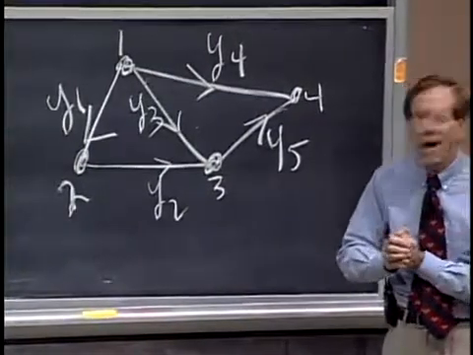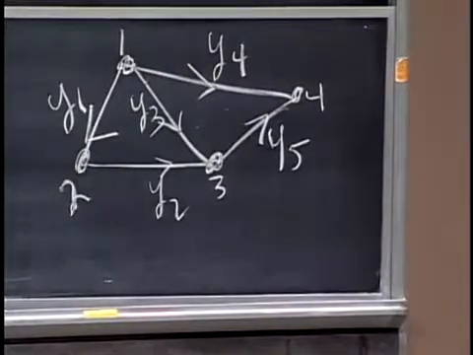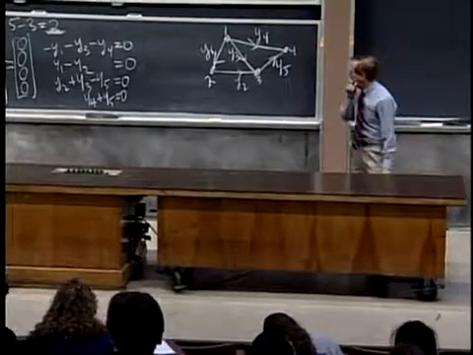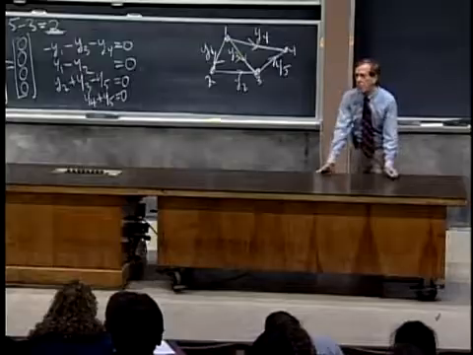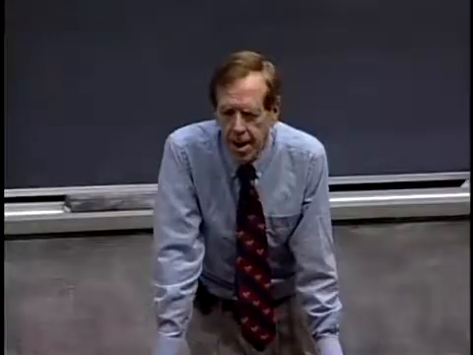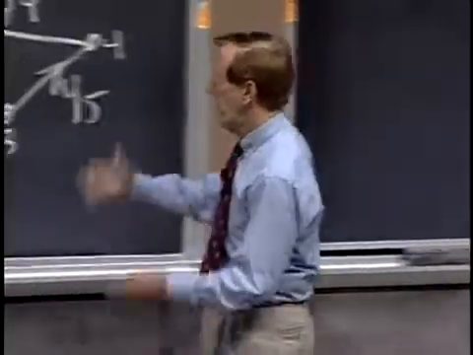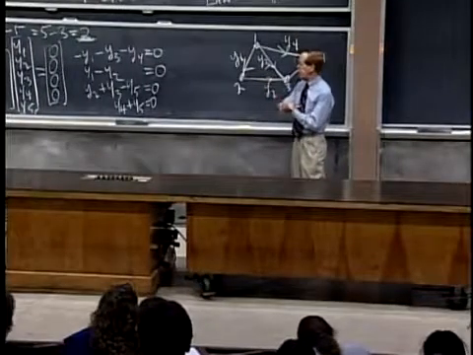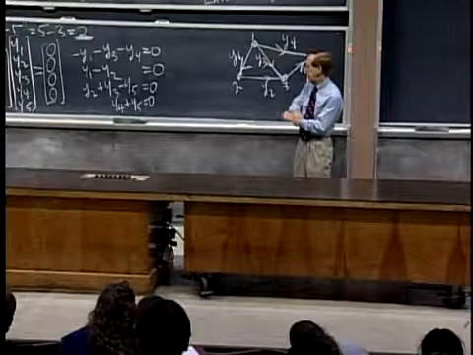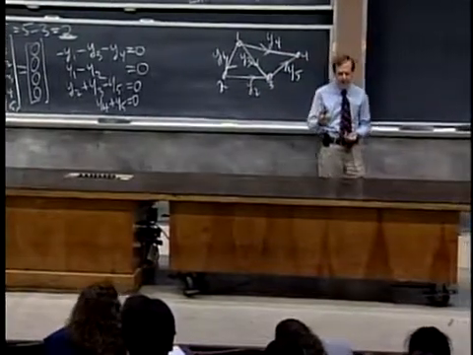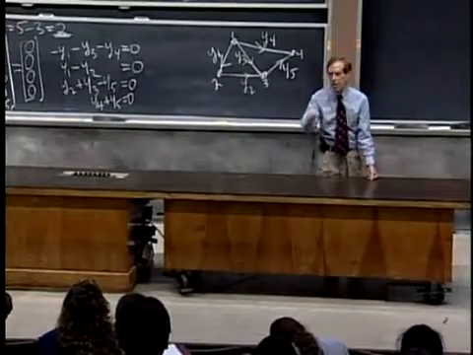Okay. Now I come back to the linear algebra question. What's a vector y that solves these equations? Can I figure out what the null space is for this matrix, A transpose, by looking at the graph? I'm happy if I don't have to do elimination.